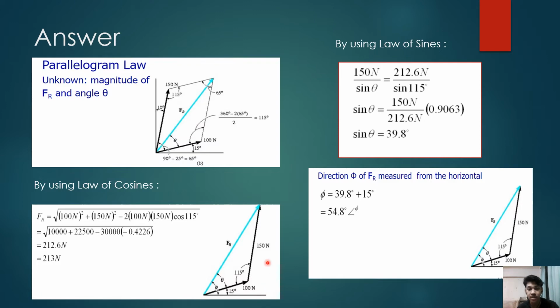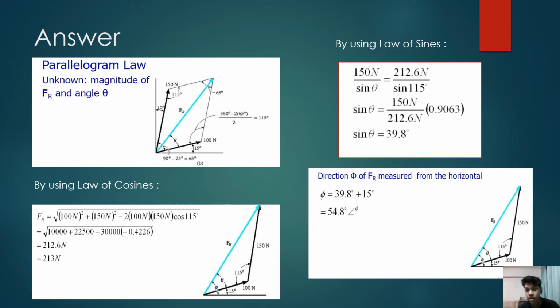So we make it become a triangle first, so we will get this diagram. Then we'll use the law of cosine to get the magnitude of this blue arrow, which is the resultant force. We just substitute it into the formula, then we will get the resultant force is 213 Newton.